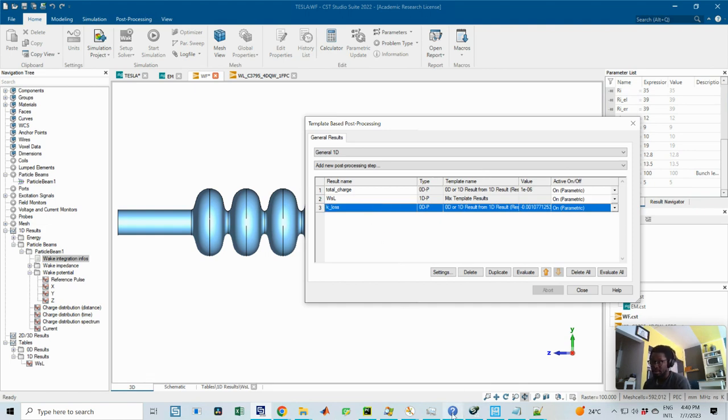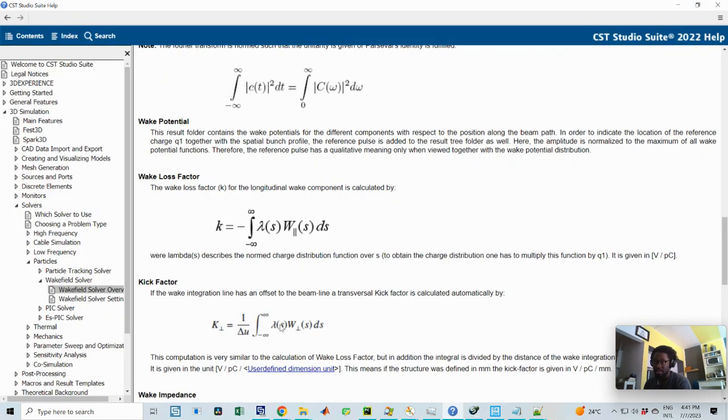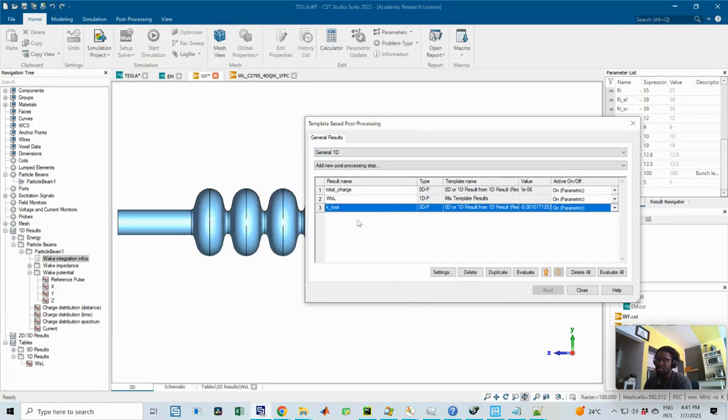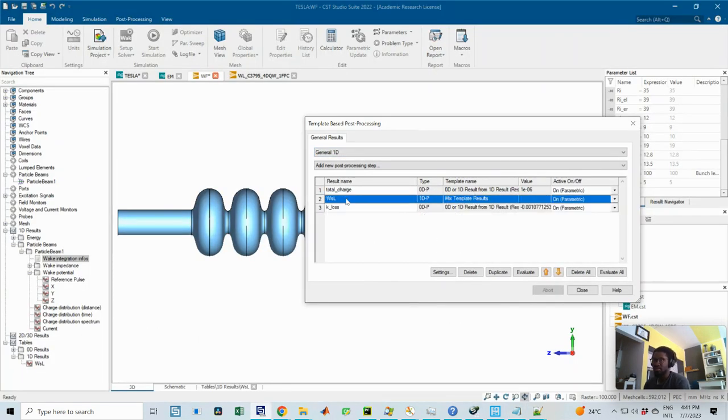Now for the kick factor, I need to do the same thing, but with the charge distribution multiplied by the transverse wake potential. Now you have the transverse wake potential in two directions, and as you can see from here, CST gives you the X and also the Y, but I usually take the average, so I will just do the average here, but you could calculate each of them separately.